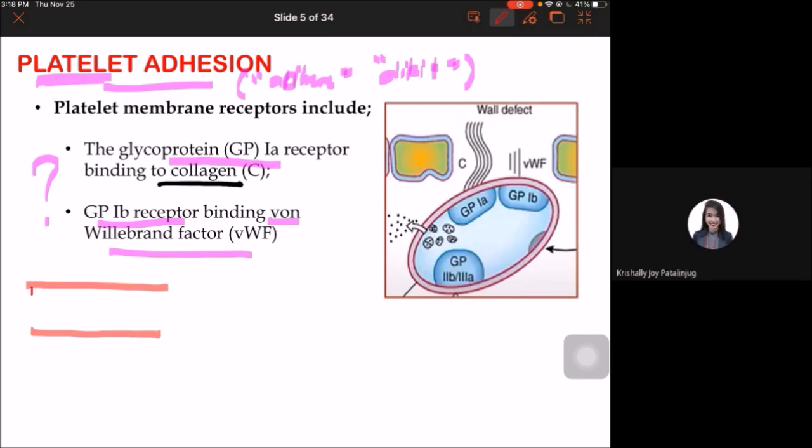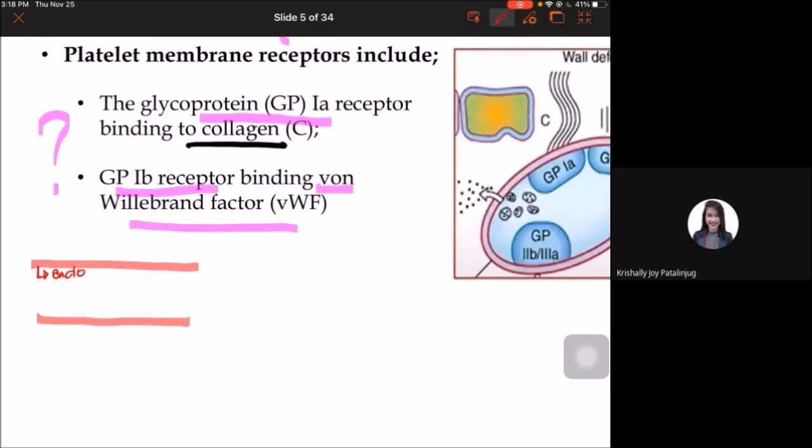So halimbawa, ito, innermost endothelium. Okay? And then let's say meron tayong mga blood components that are freely circulating. Sa mga blood components na to, kasama na dyan yung platelets. Di ba? Nasa blood ang platelets.